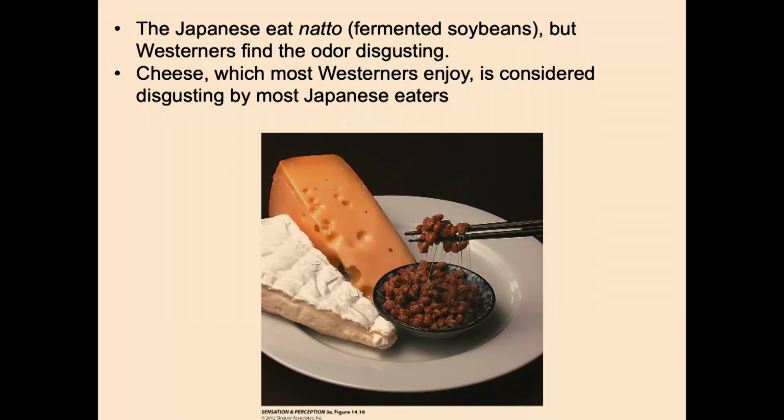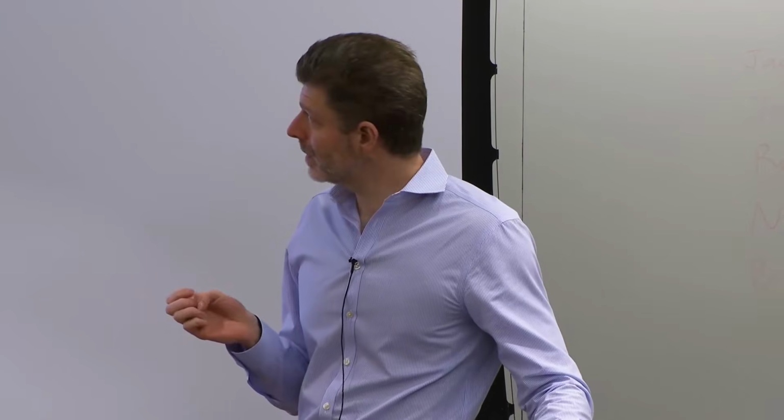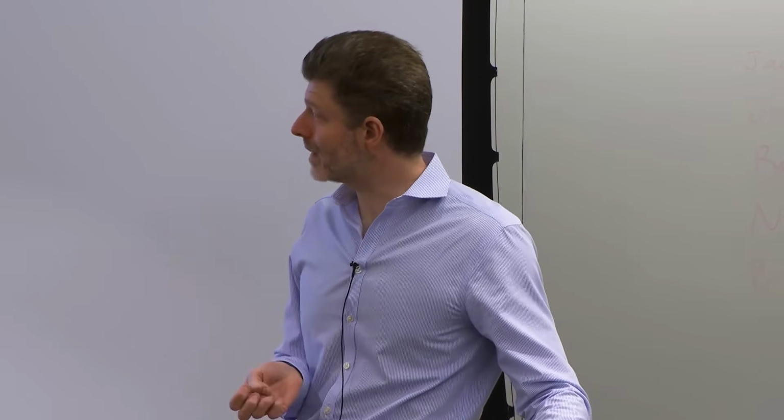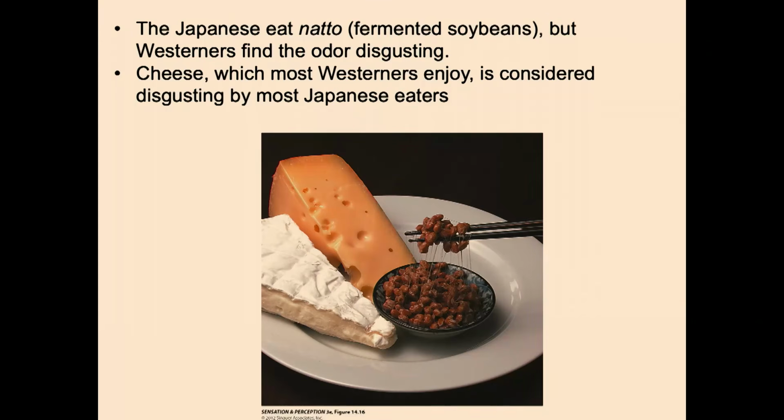It's fermented soybeans that have a very, very strong odor. A lot of Westerners don't like the smell, but somebody who's from Japan, it's something that a lot of them enjoy. Whereas the smell of cheese, which is something in the West that a lot of people enjoy, is considered disgusting by a lot of Japanese eaters, right? So there are these differences between cultures that everybody has probably experienced.